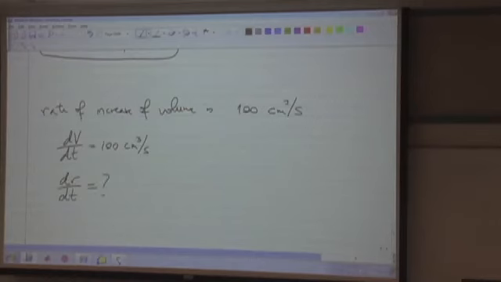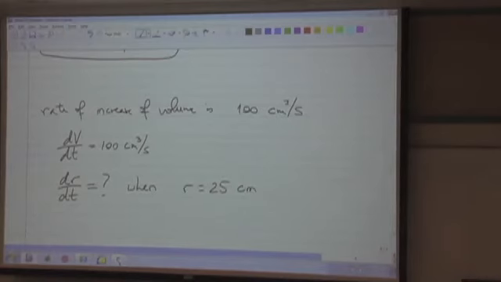The rate at which the radius changes. Does that make sense? Yes? When r is equal to 25. It says the diameter is equal to 50 centimeters, which means the radius is half of the diameter, right? Does this make sense?